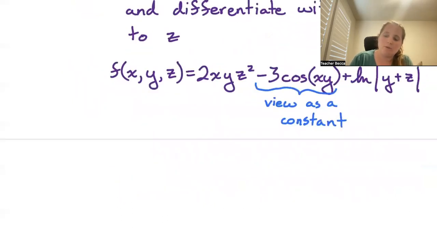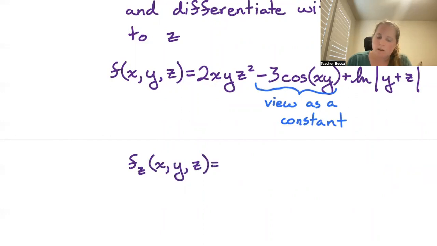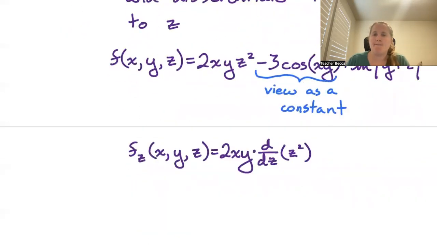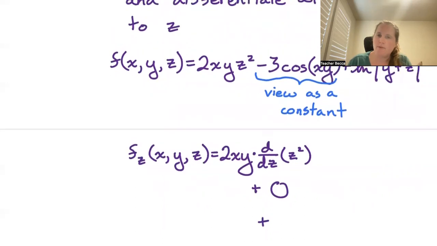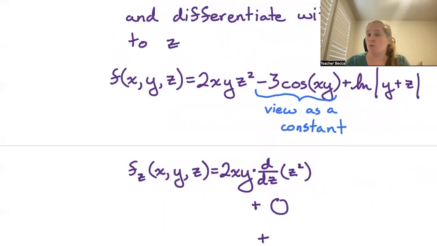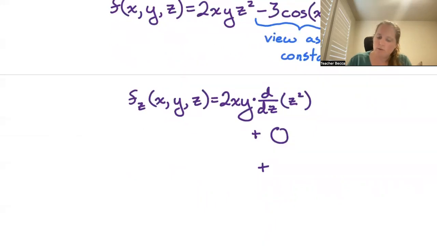When we go to take our partial with respect to z, the 2xy is acting as a scalar multiple, and we multiply by the derivative with respect to z of z squared. That middle term just goes to 0. Then the natural log absolute value of y plus z will go to 1 over, and then we have our chain rule. So we have 1 over y plus z.